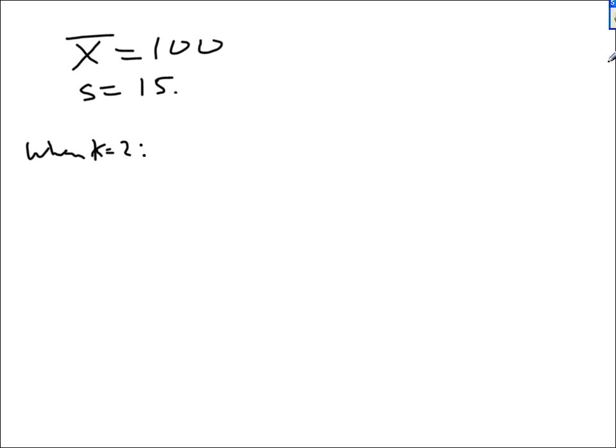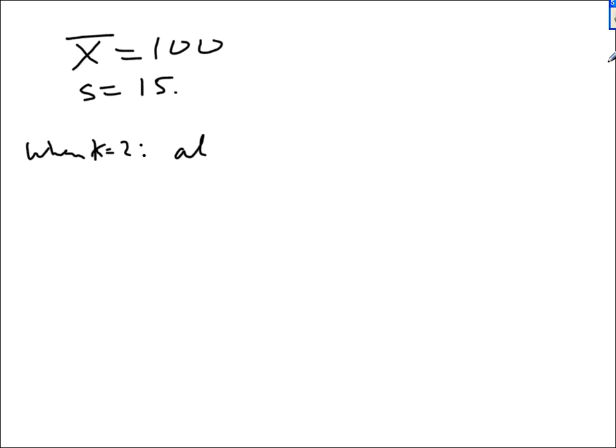So let's just look at another example. Suppose I tell you on a test the average is 100 and the standard deviation is 15. What can be said about Chebyshev's theorem when k is 2? When k is 2, what can you say?